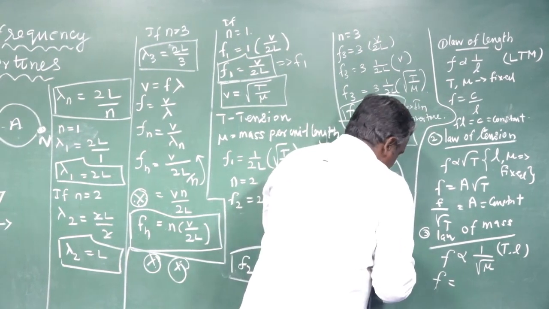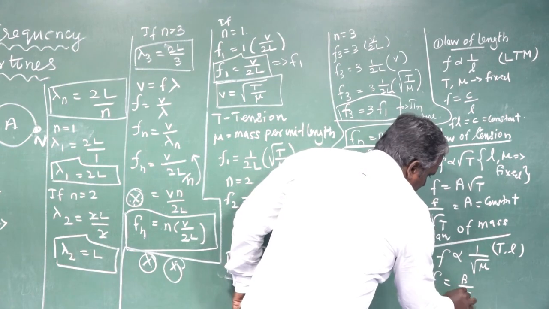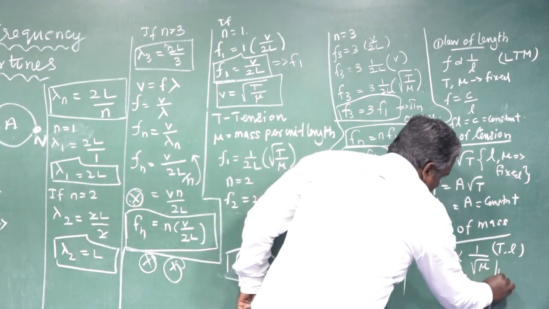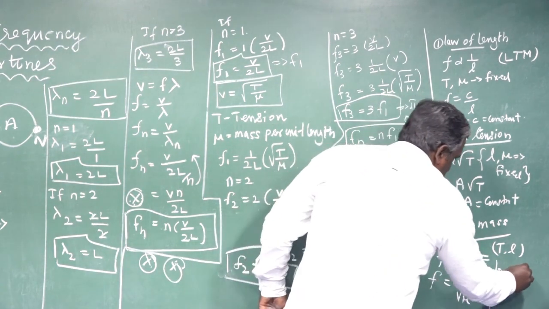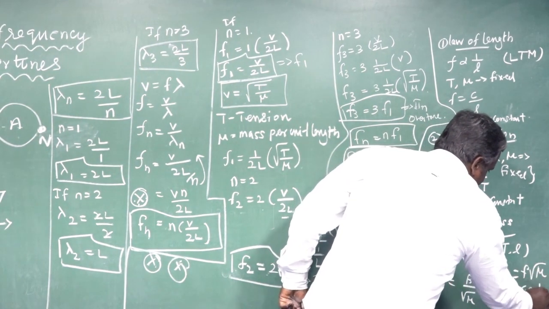When we cancel the symbol, we must add a constant: F is equal to B by root of mu.